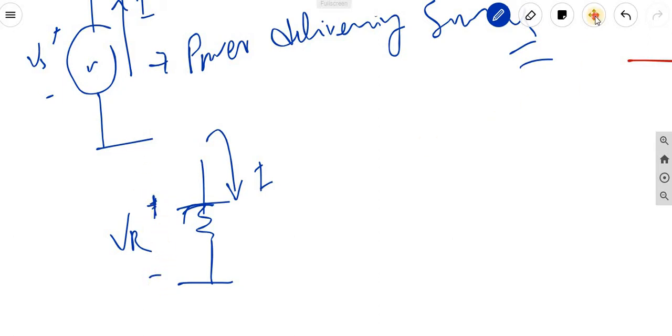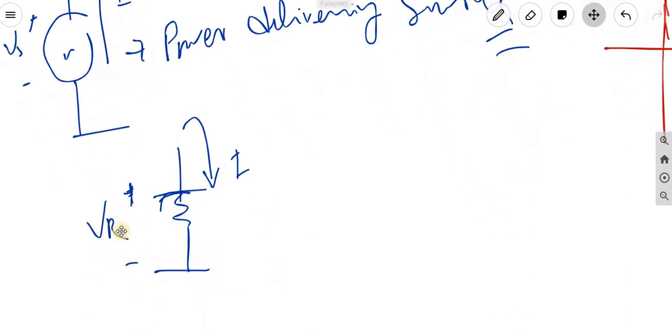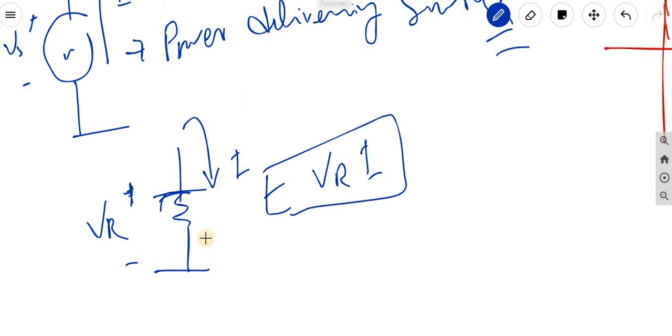So for this source, what happened? From positive, the current is going out, but in the case of the resistance, the voltage is plus minus, but the current is coming in. So actually the power is VR into I with a minus sign, that means this element is power absorbing.